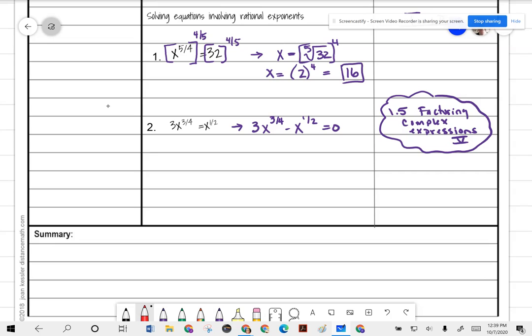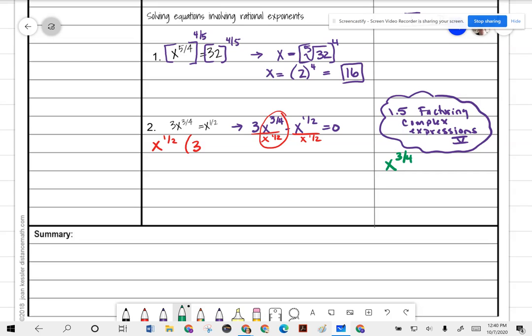So the idea when you have exponents with powers, you want to be able to take out the smallest power. So in this case, it is 1/2. So I have x to the 1/2, and then I'm going to basically divide x to the 1/2 from every term. All right, so now I have a situation where I have 3, but I need to simplify this portion right here.